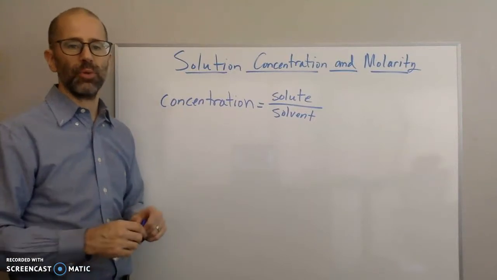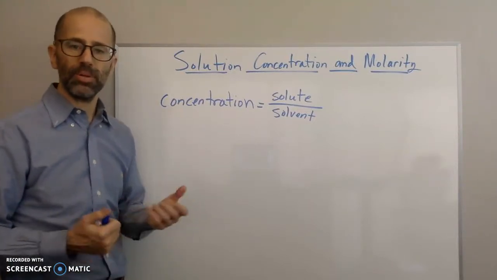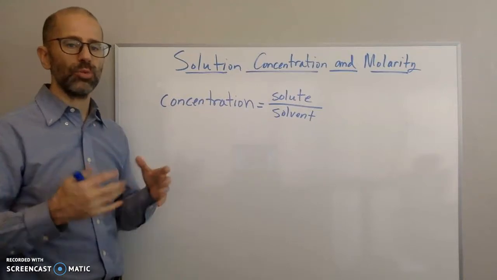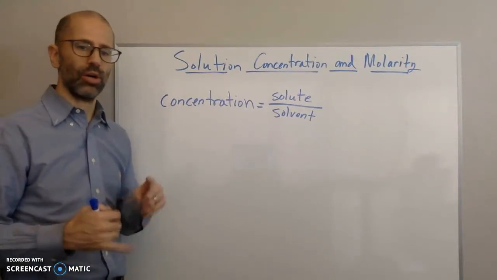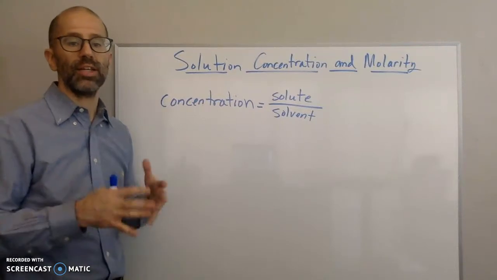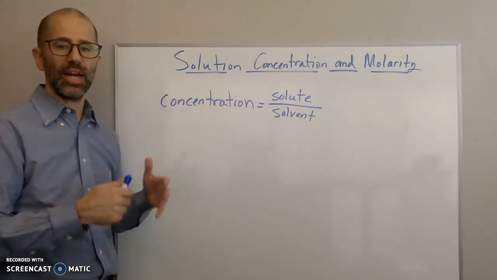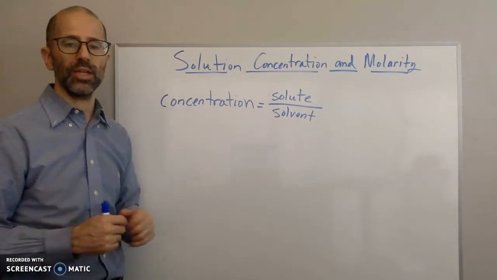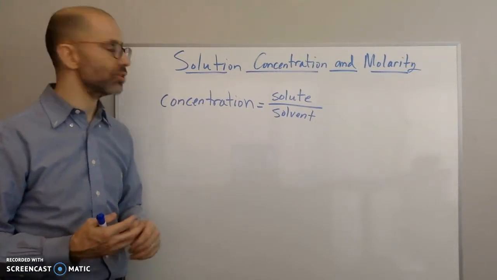There's a lot of different ways in which we can represent concentration. A couple of the ones we use a lot in chemistry is one called molarity, and there's another one called molality. Molality we'll cover later, but here I want to talk about molarity because it's so commonly used as far as concentration goes.